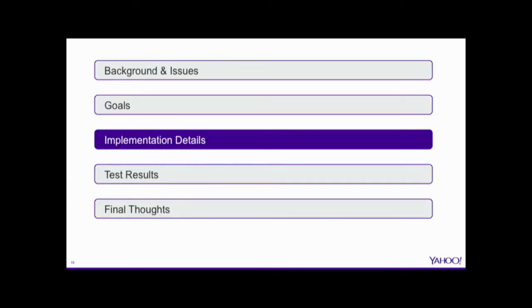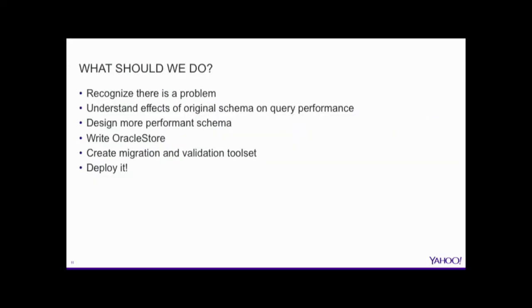So this all sounds well and good, hopefully, but how are we going to get there? The first thing, as with any good self-help program, is to admit that there is a problem. Then what we're going to have to do is look at the existing schema and identify what the pain points are for that schema, and conversely, the opportunities we have for being able to optimize certain parts of the schema.